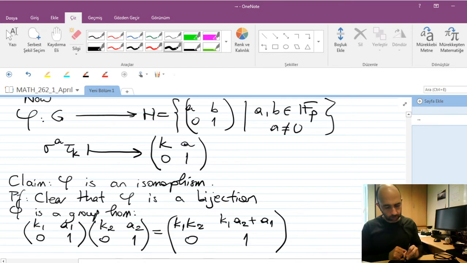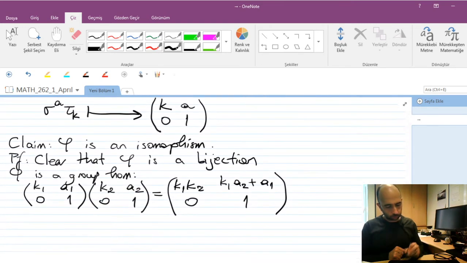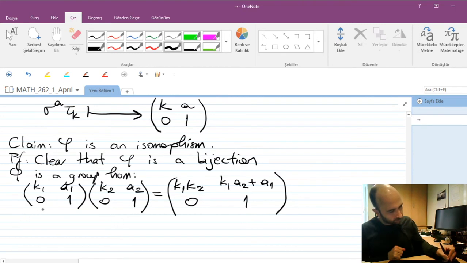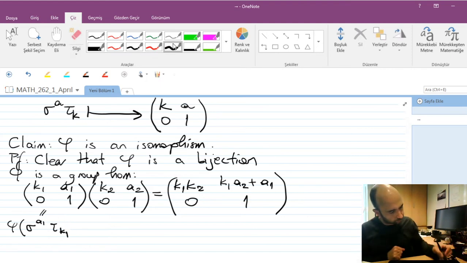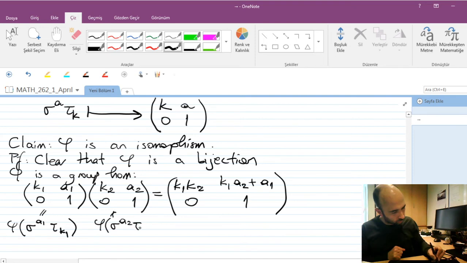And then 0, 1. Now, the whole point is that if this is phi of sigma to the a1 tau sub k1, and if this is phi of sigma a2 tau sub k2, then first of all, this is phi of sigma a1 plus k1 a2 tau sub k1 k2.